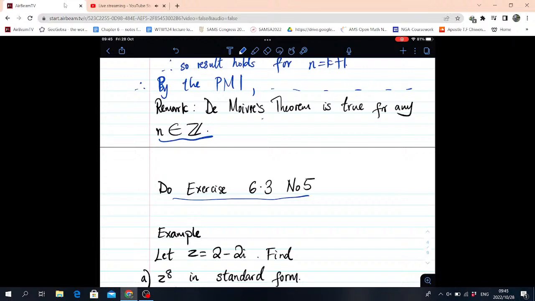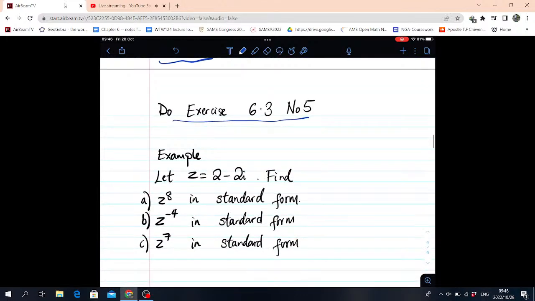Right, now let's see what this implies in terms of getting powers of complex numbers. So we've got an example here. Let z be equal to 2 minus 2i, and you want to find z to the 8 in standard form, z to the minus 4 in standard form, and z to the 7 in standard form.